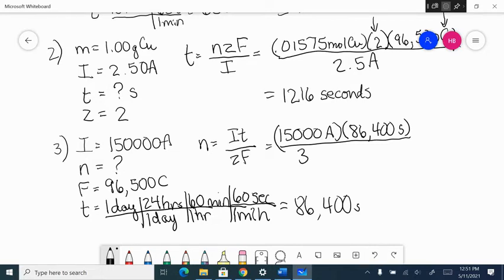Sorry, this is aluminum this time, so the Z value is 3. Aluminum has 3 valence electrons and always has a charge of +3. To get an answer of 1.20870.